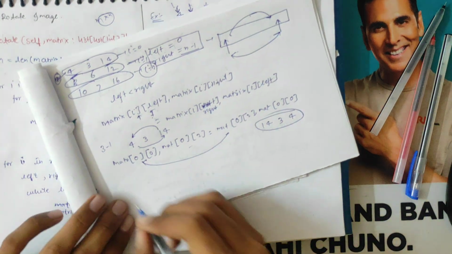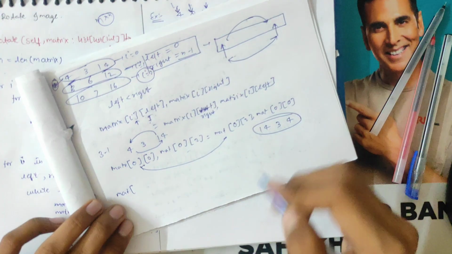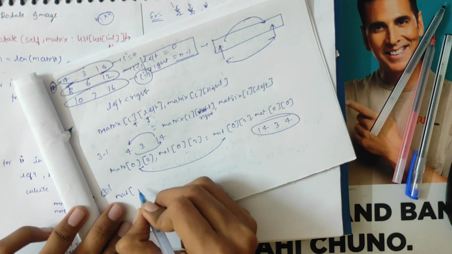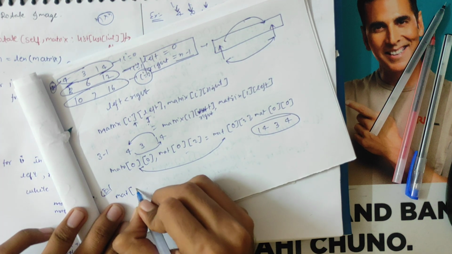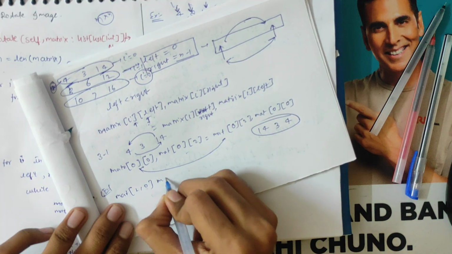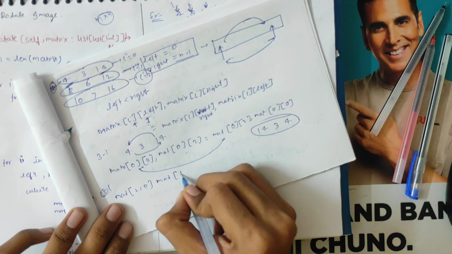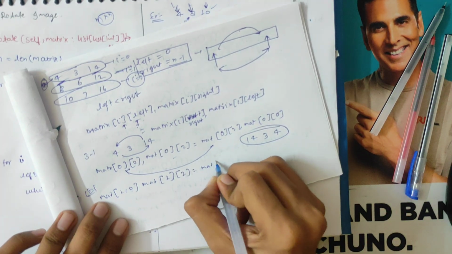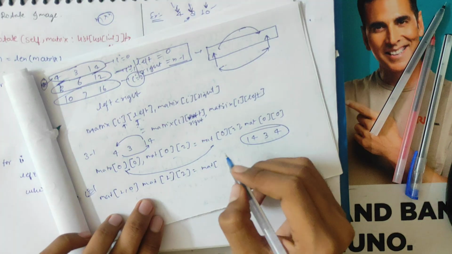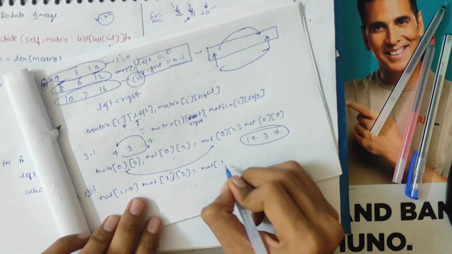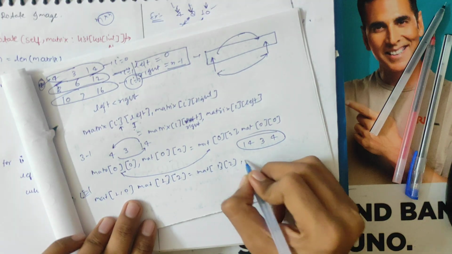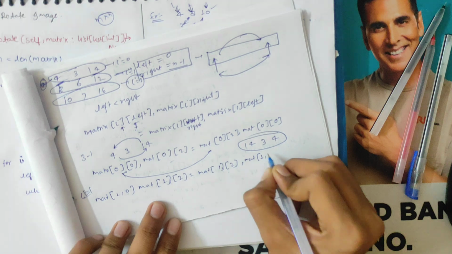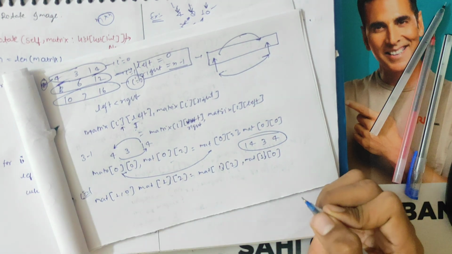Again we will do the same in this one. So i will increase from 0 to 1. For i equals 1, we have matrix 1 comma 0 and matrix 1 comma right, which is 2. So 1 comma right means 1 comma 2, and matrix 1 comma 0, right?